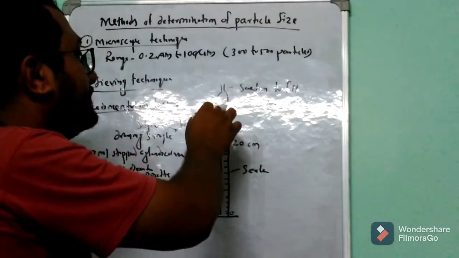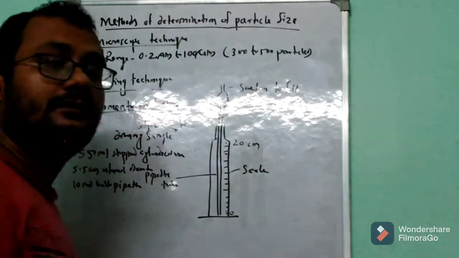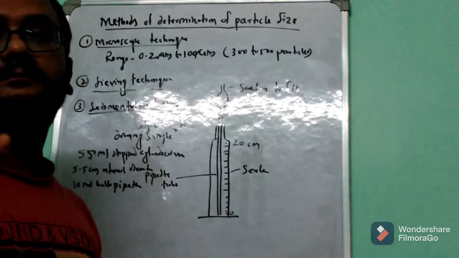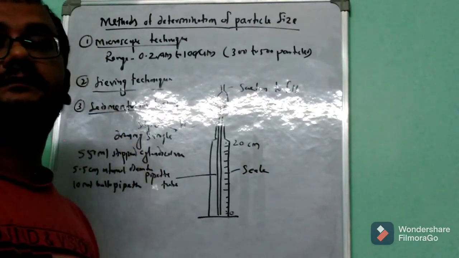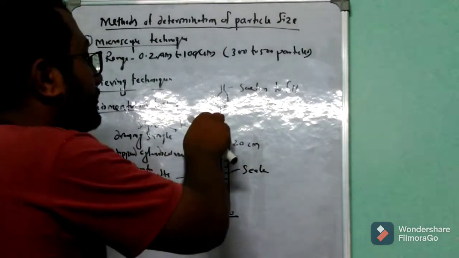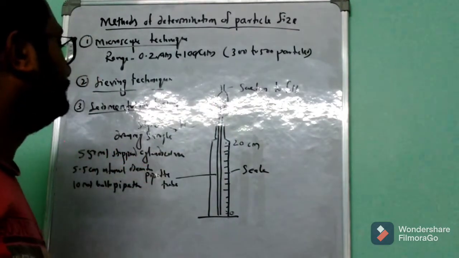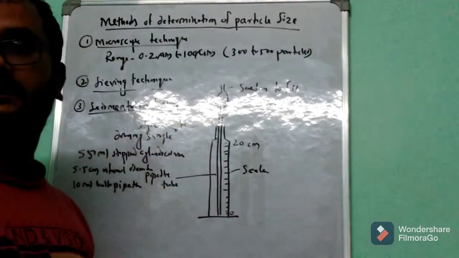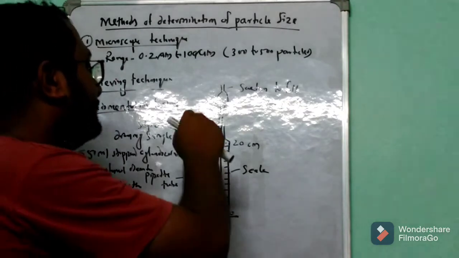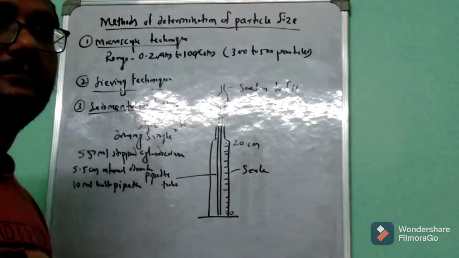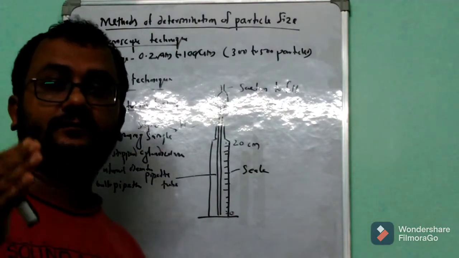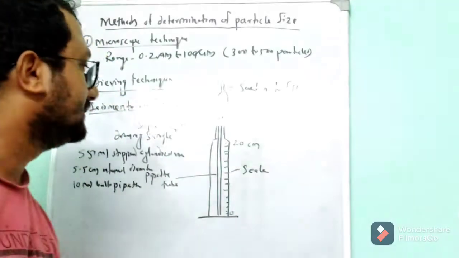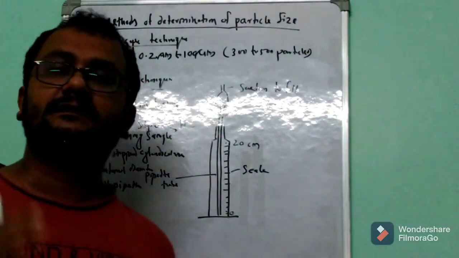We have to collect the sample. First, we apply suction from the top. The sample bulb holds 10 ml, which is where we collect the sample. After collecting, there is a stopcock, and when we open it, the sample comes out and is taken for evaluation. The concentration of the particular drug or particles present is evaluated by different techniques. For sedimentation, we take samples at different time intervals.